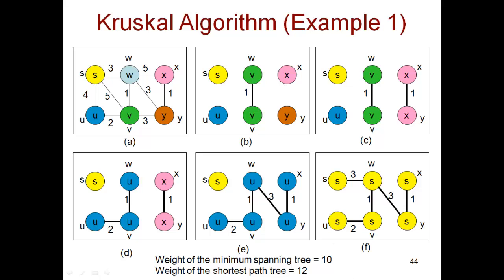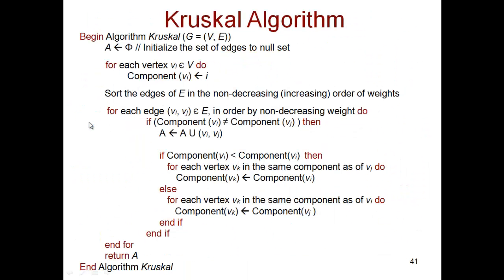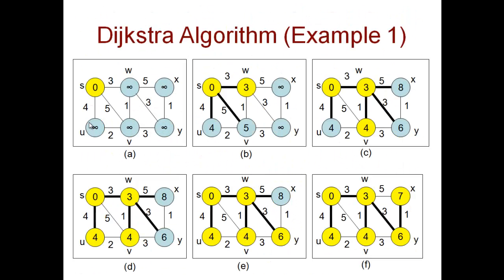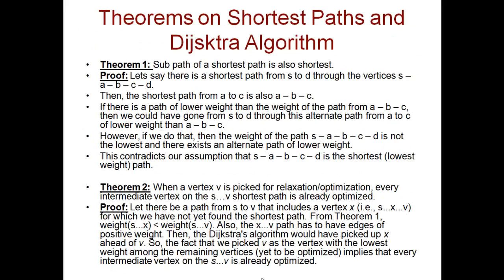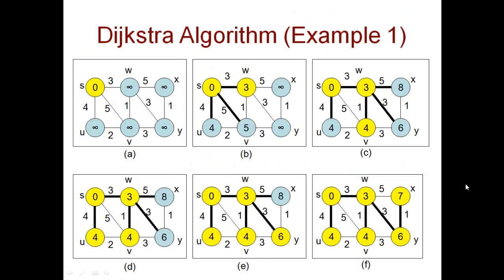Which means, if I want to go from S to U, we know Dijkstra's shortest path tree directly connects S and U, because that's the shortest path weight of weight 4, right? This is the best we can do to go from S to U. The shortest path weight is 4.